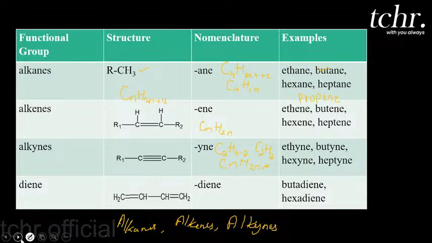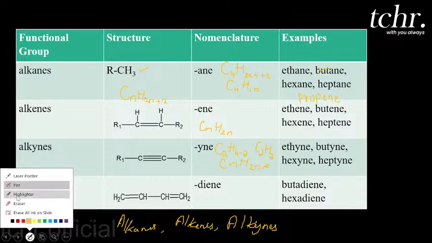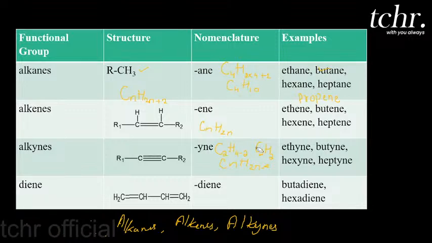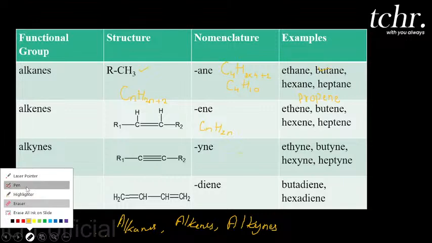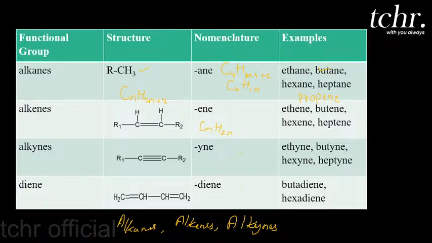Now let us write the structure of ethyne, students. How do you write the structure of ethyne? How many carbons? Ethyne means it is 2 carbon atoms. How many bonds when it is yne? It indicates that between the two carbon atoms it is a triple bond.